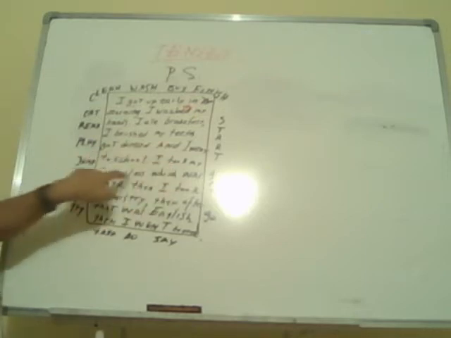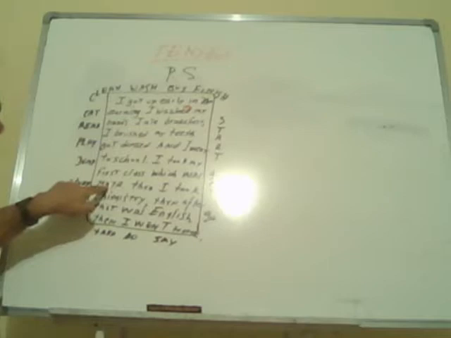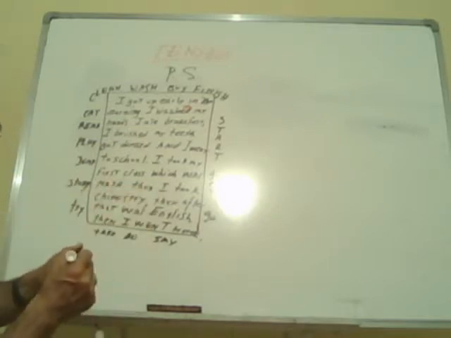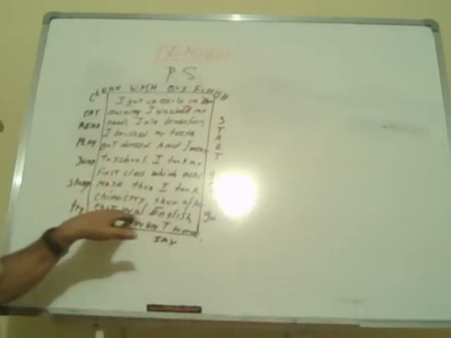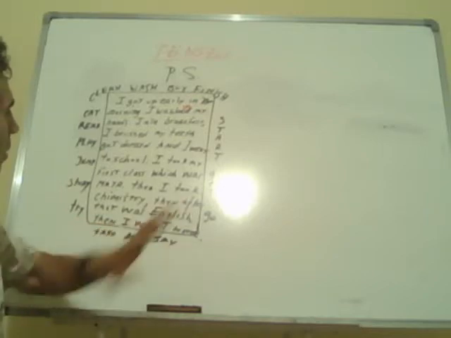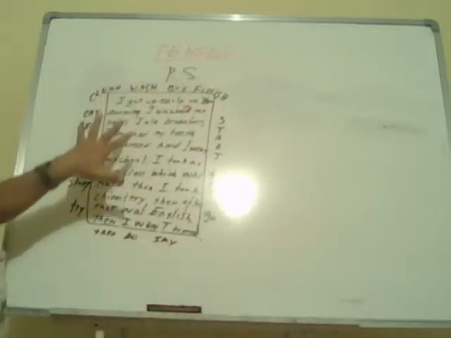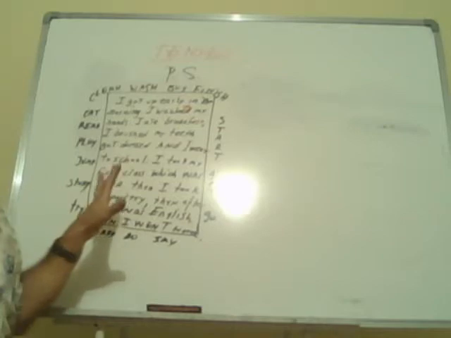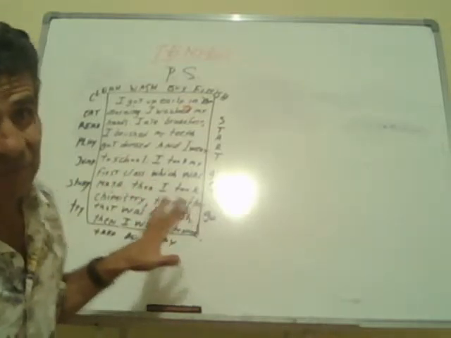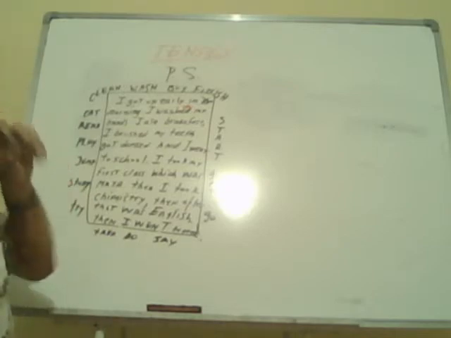I took my first class, which was math. Then I took chemistry. Then after that was English. Then I went home. All this story was created in the past. Okay? Past simple.